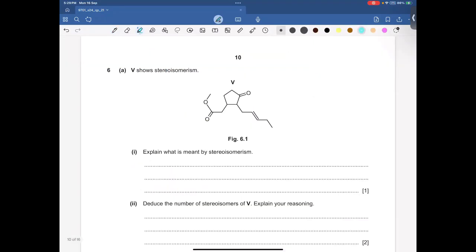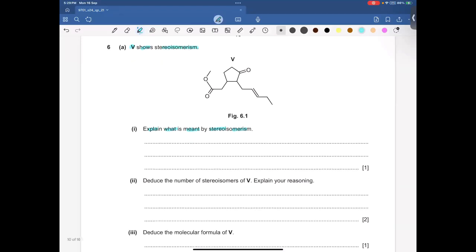Question number 6, we have 6 questions. B shows stereoisomerism, and that's the structure of B. Explain what is meant by stereoisomerism.